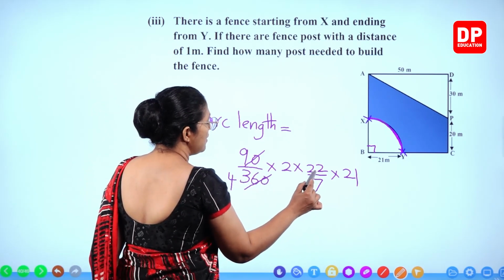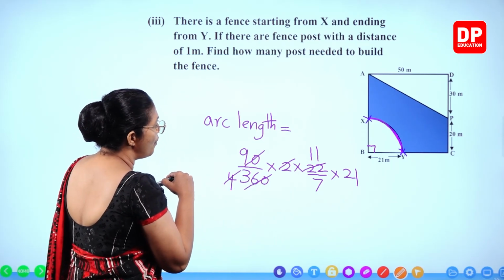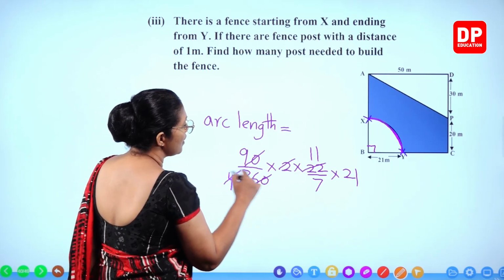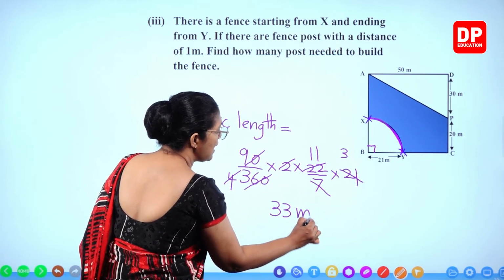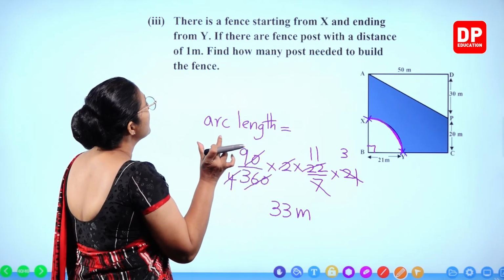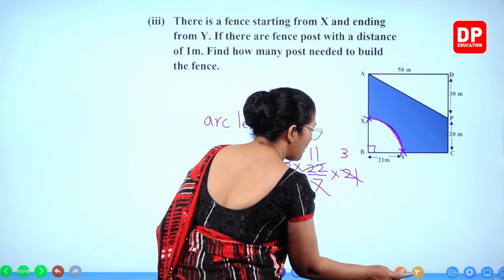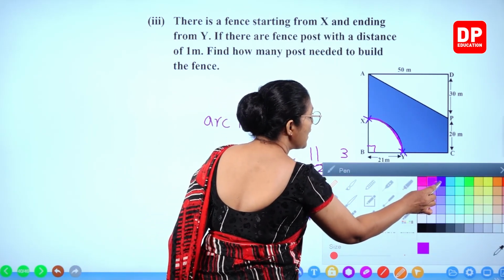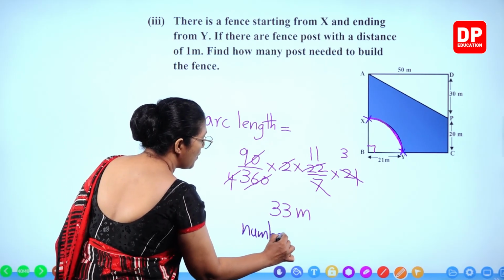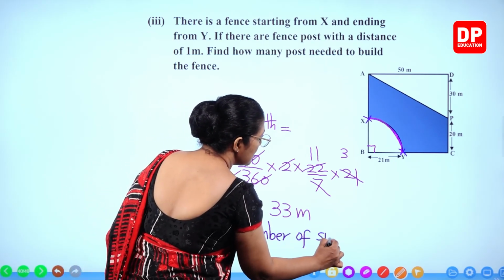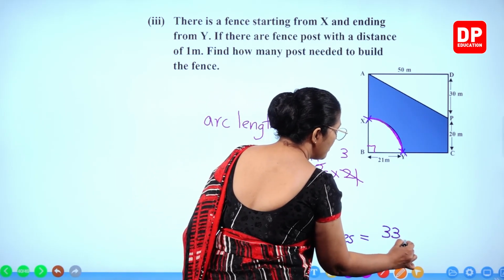2 into pi you can take as 22 over 7 and radius is 21. This is the radius. So what you get here? 4. Then 2 and 2. You can cross it out, this 4. 7 times 3. So 33 meters is the arc length. So the gap is 1 meter. So how many spaces are there? Number of spaces is 33 divided by 1.